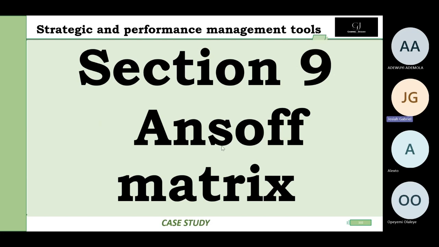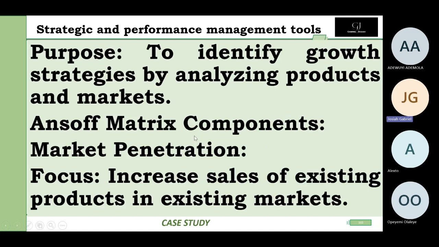So for the Ansoff matrix, we said the purpose is to identify growth strategies by analyzing products and markets. One of the components of the Ansoff matrix is market penetration. The focus is to increase sales of existing products in certain markets. Market penetration, especially for the quest to increase sales, is very essential, and that's one of the key areas this component addresses: increasing sales of existing products in existing markets.